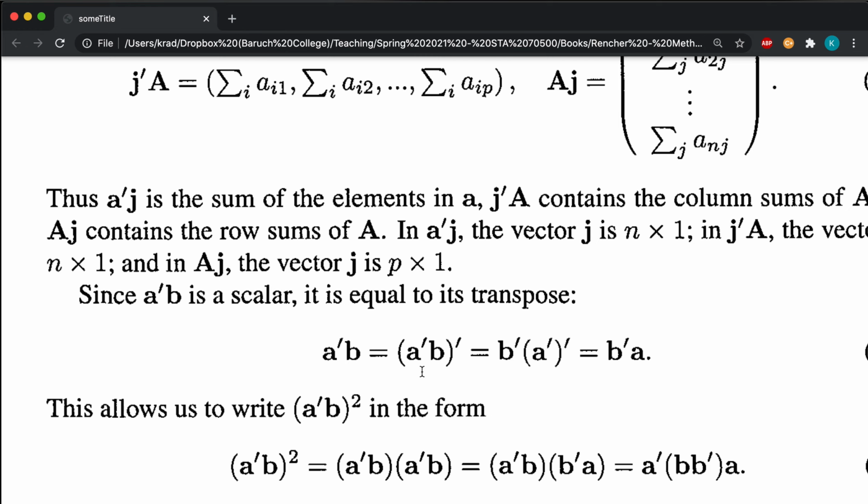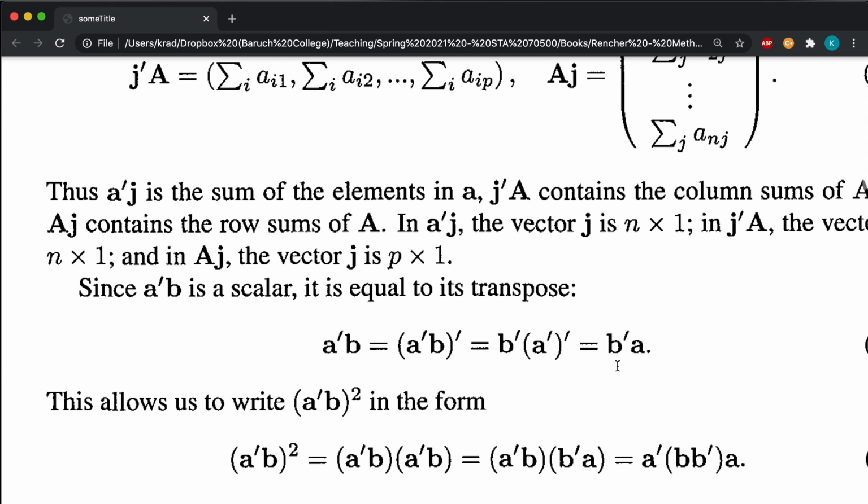It's A. So A transpose B is the same as B transpose A. Now if we want to look at the square of this, it's A transpose B times A transpose B, but A transpose B is the same as B transpose A, right? So then we can write this as A transpose B, B transpose A. And B B transpose is what? It is an outer product, so it becomes a matrix.